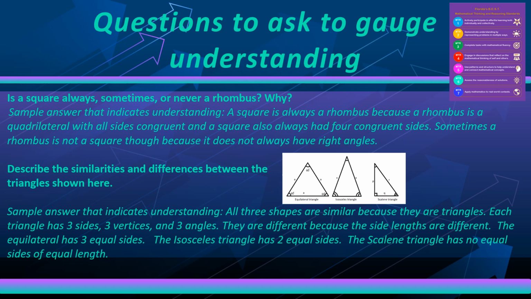As we visit classrooms, we may want to ask students questions to measure their understanding of their current learning. Here we see some questions we could ask to assess their understanding of classifying quadrilateral and triangle attributes and justifying why or why not they belong to a category.